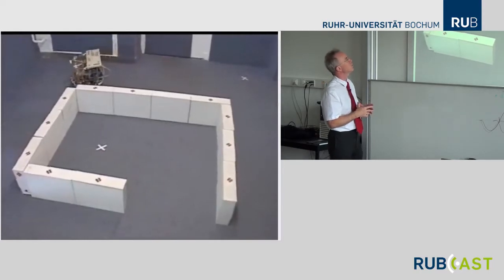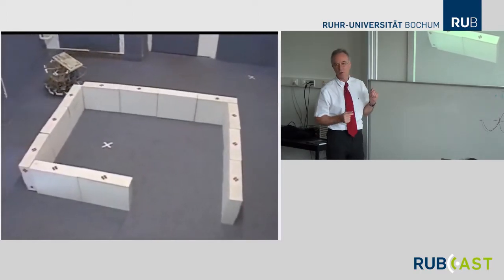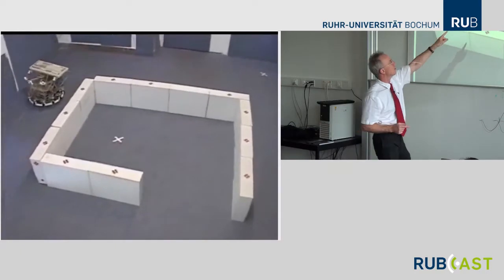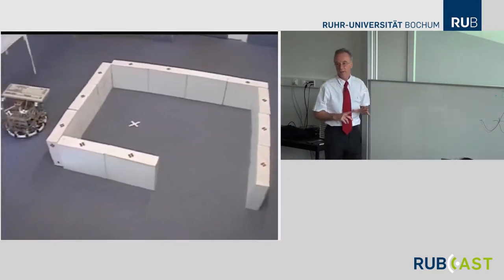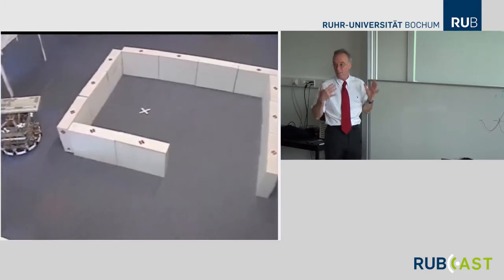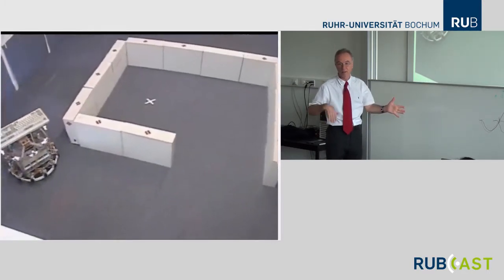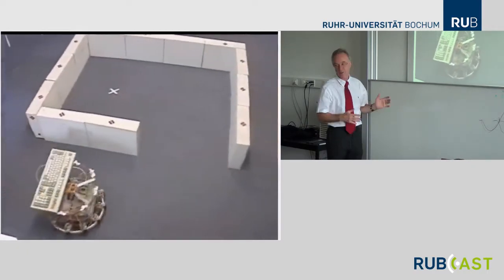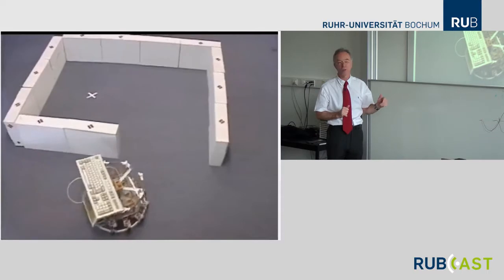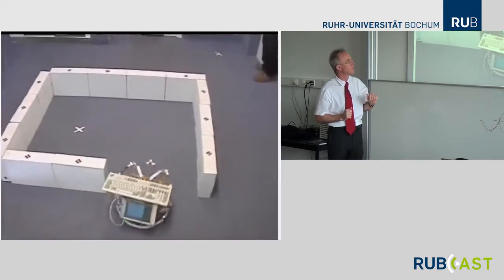I just want to make one point about this. In this case, the robot is supposed to know the target. It's the cross here where the target is. It has no sensor information about the target. So what it does is dead reckoning. It has absolute coordinates of the target, and it keeps estimating where it is and thus updates the direction to the target. That's not very precise, but it demonstrates that only the obstacle avoidance is connected to sensor information.